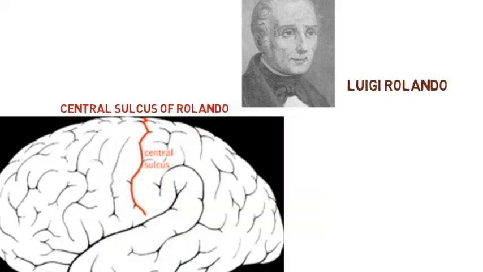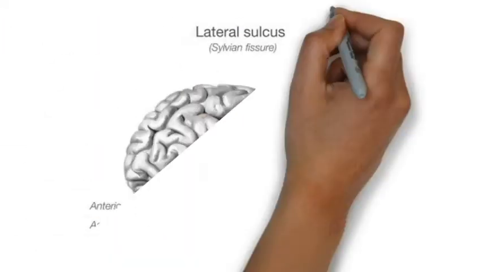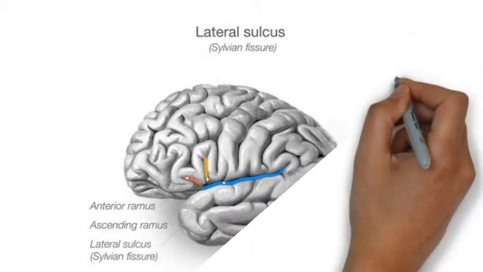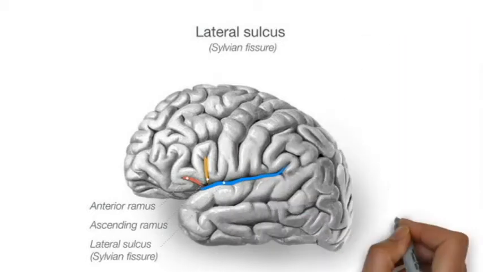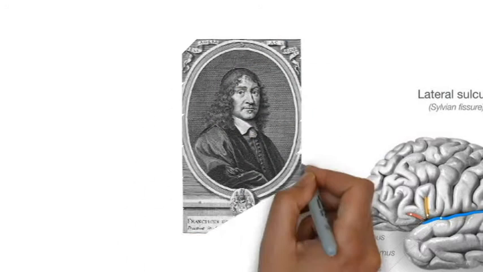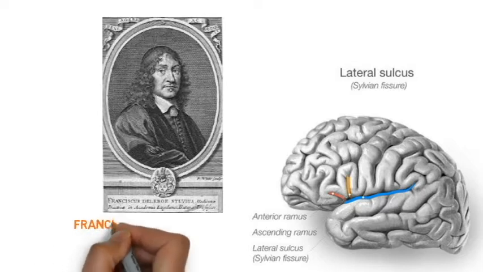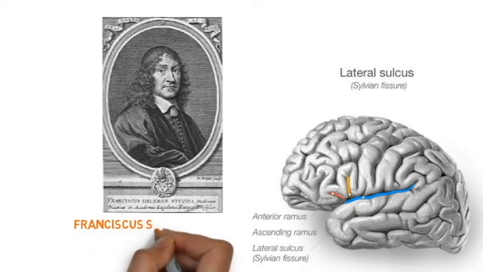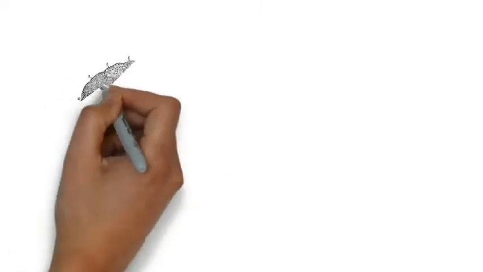So in all of us, our brains develop in a way that this major sulcus will appear. Now, our brains fold up in a sort of C shape to fit within our skulls. So we develop a deep fissure just below that sulcus, and it is named after Franciscus Sylvius, who lived from 1614 to 1672, and is known as the Sylvian fissure.